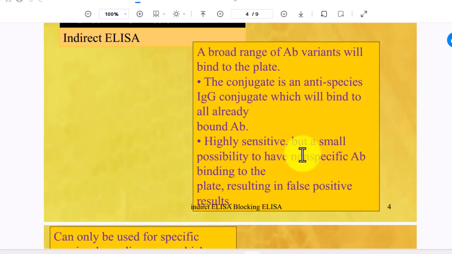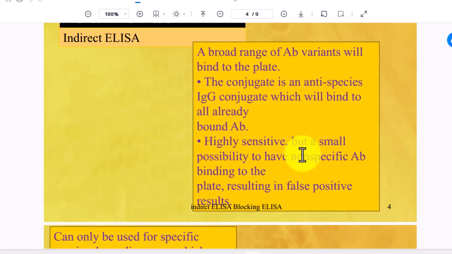The conjugate is an antibody, an anti-species IgG, and the conjugate binds to all the already bound antibodies. We use an antibody, but it's conjugated with anti-species.